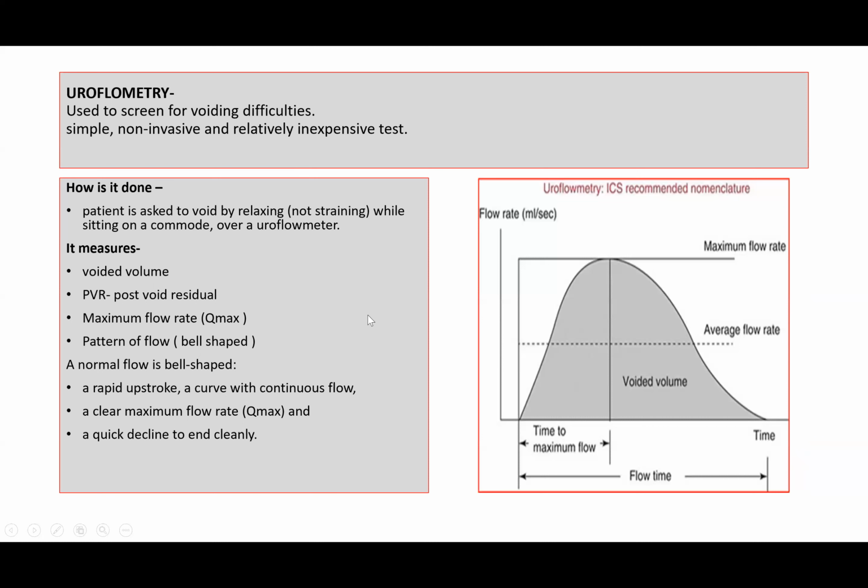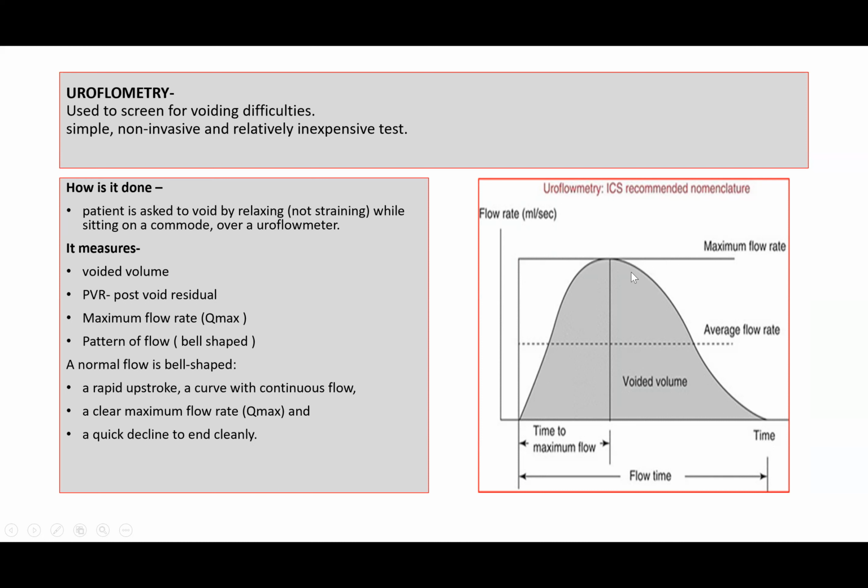So what does it measure? We can see the graph; the normal flow graph is here. This is the uroflowmetry, and normally the pattern of flow has to be bell-shaped. It measures the voided volume, the post-void residual urine volume, the maximum flow rate, and the pattern of flow.